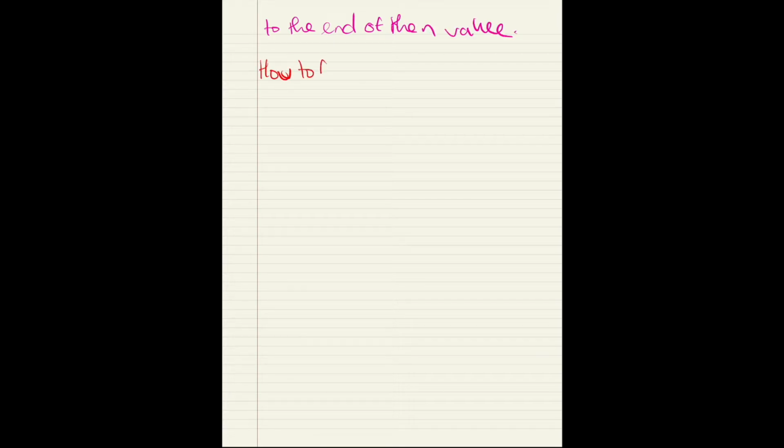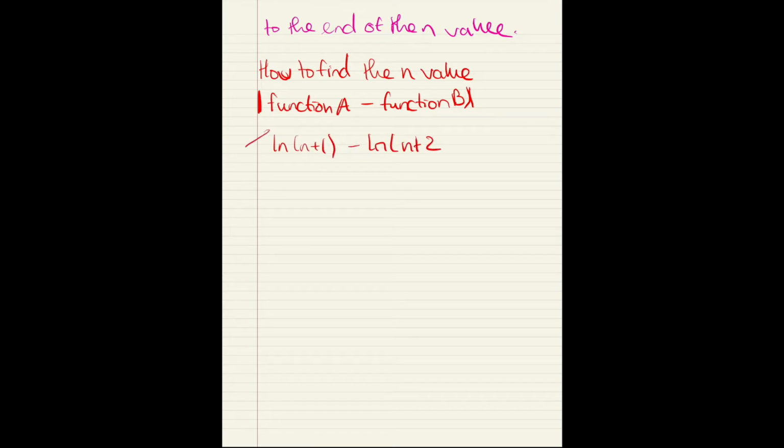How to find the n values? It is the absolute value of the function difference, function a minus function b. For example, ln of n plus 1 minus ln of n plus 2 series. You cannot use the whole function with absolute like this.